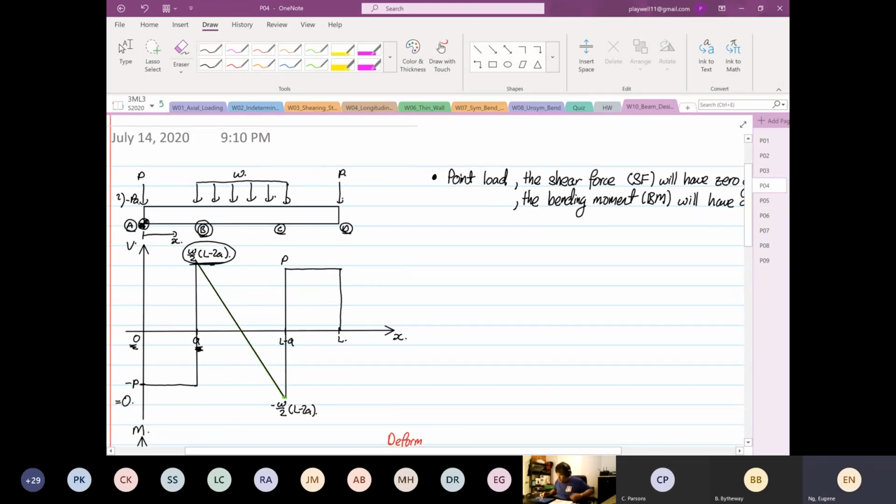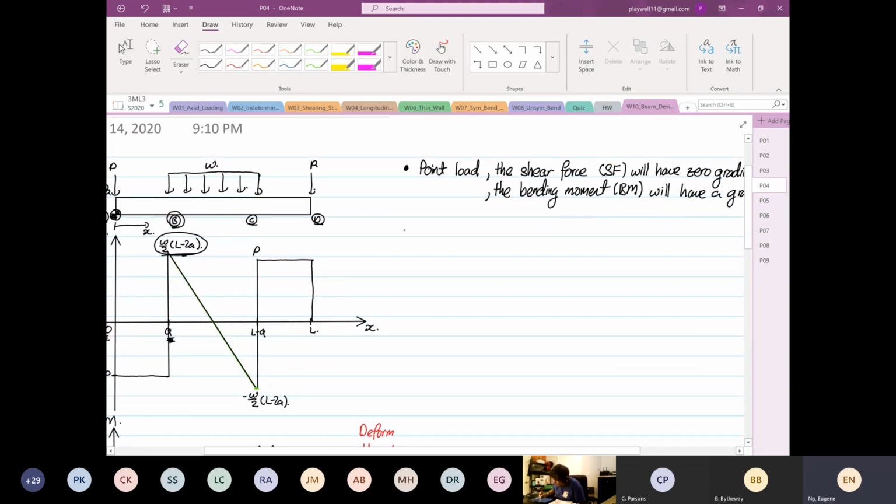Okay, how about distributed load? Can anyone tell me about distributed load? It's two similar triangles. Okay, so on distributed load, the shear force, SF means shear force, will have a gradient.